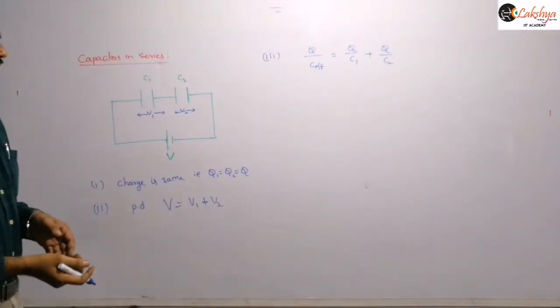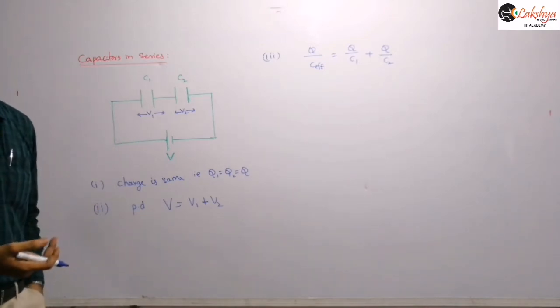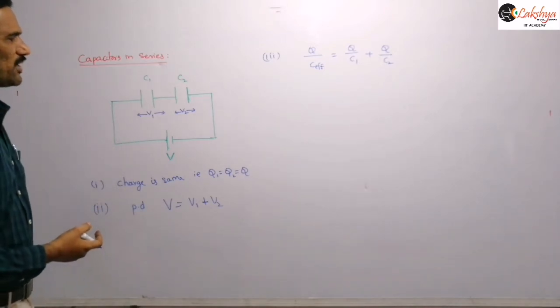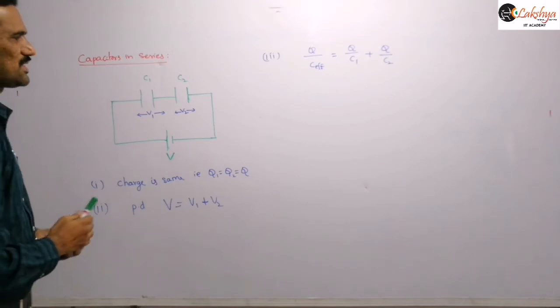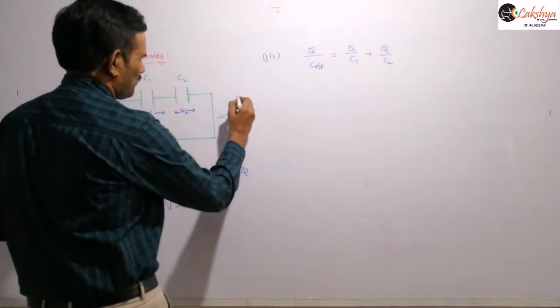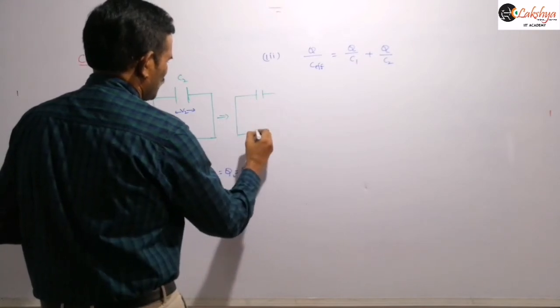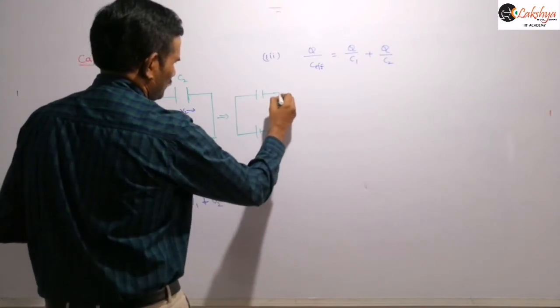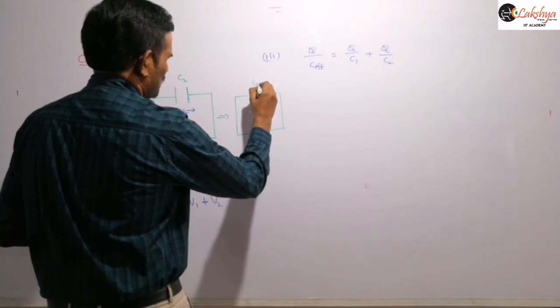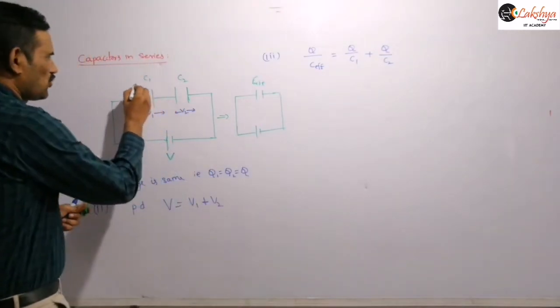Right? So effective capacitance means the same as with resistors, which we discussed previously. We are going to replace these two capacitors by a single capacitor, so that the same amount of charge is stored on it.